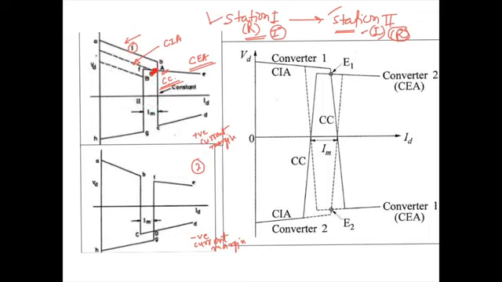Now these characteristics, for example CC, constant current control characteristic of rectifier, can be extended in fourth quadrant up to C. Similarly, the constant current controller characteristic of inverter can also be extended in power reversal mode up to point G. And there is a small current margin which is intentionally introduced between the current reference of rectifier and the current reference of inverter.